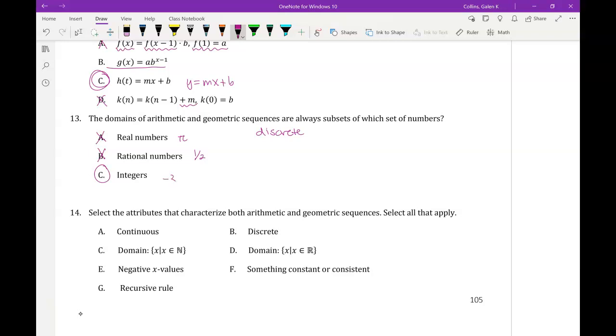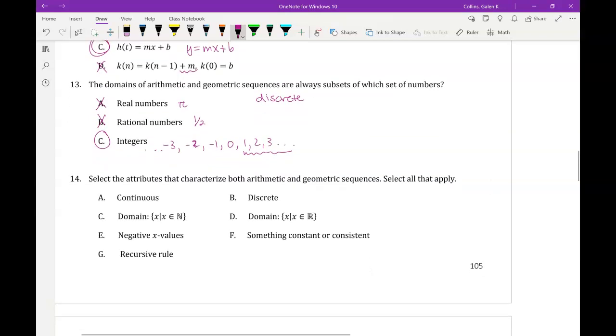So like -3, -2, -1, 0, 1, 2, 3. Those are all integers. And if I discard the negatives and start at 0, those are all whole numbers. And I would say typically sequences have a domain of whole numbers, or maybe even more often, a domain of natural or counting numbers, and that is when we exclude 0 from the set of whole numbers.